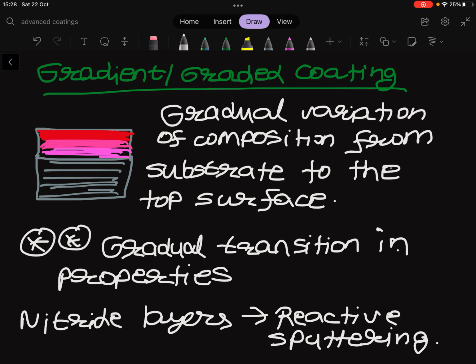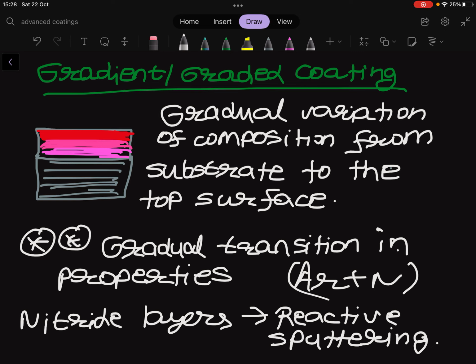So this means that we feed the combination of argon and nitrogen to our chamber, and we define a proper nitrogen flow rate in order to expel titanium atoms from the target, and titanium atoms combine with the nitrogen atoms coming from the gas, and we produce our nitride layer on the surface.